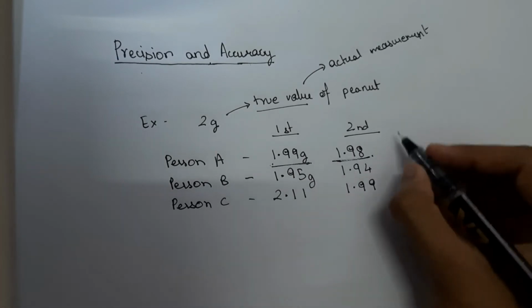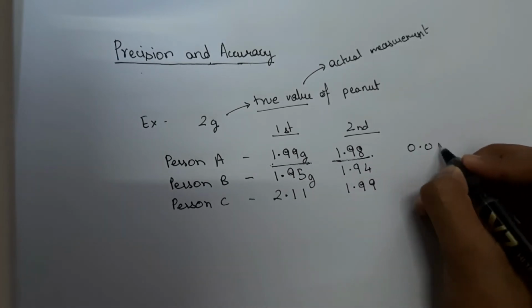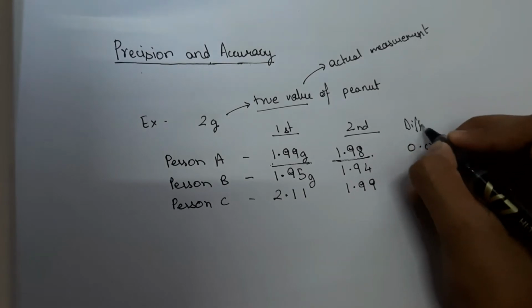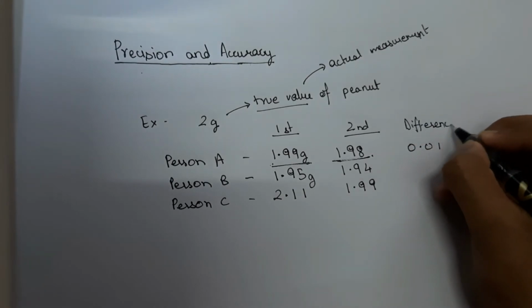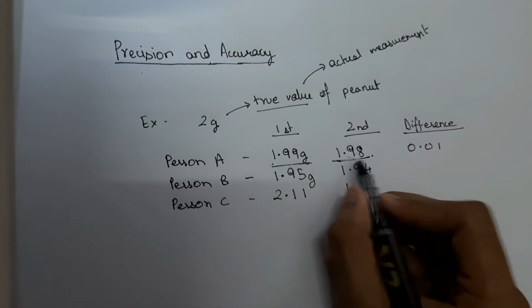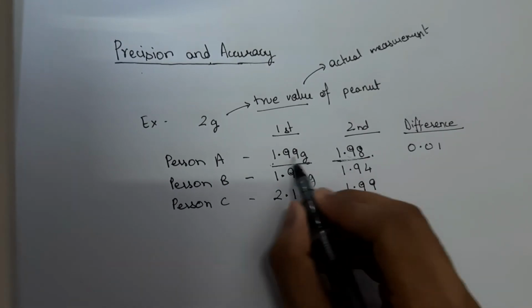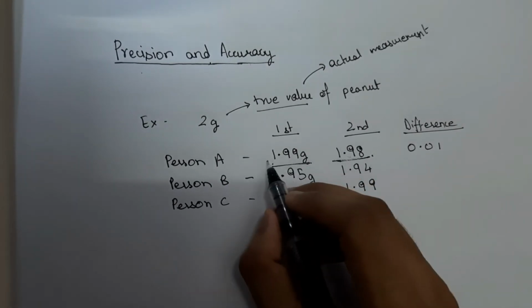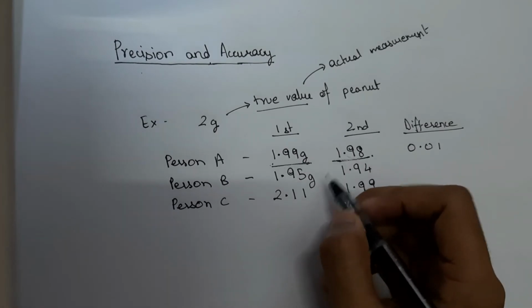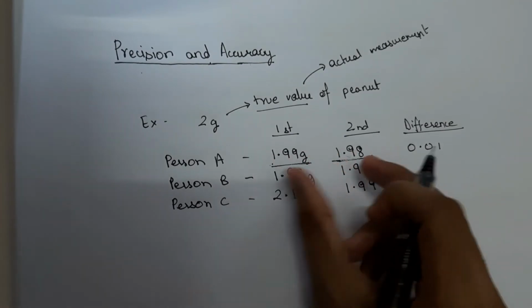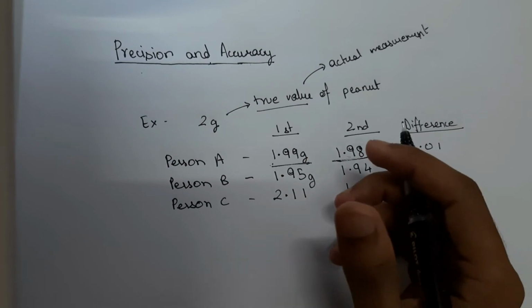They only differ by 0.01. This is the difference between both these values, 0.01. So we can say that both of these are precise because both the measured values are close to each other. That's what precision means, right?